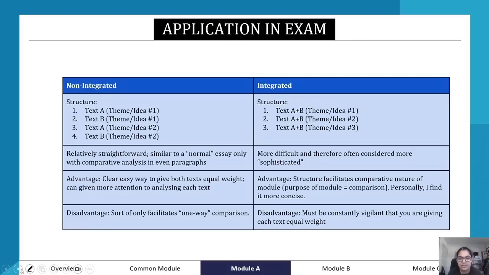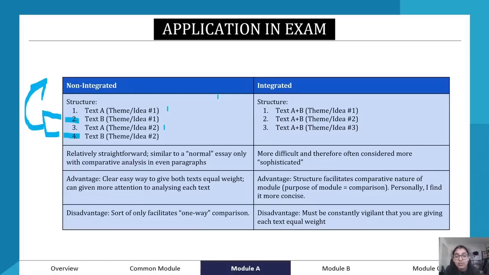When you just use this method, the comparison part is concentrated in the even paragraphs, in 2 and 4. That basically means there's not much comparison in the first and third paragraphs, so in these two paragraphs you have to do more comparison.